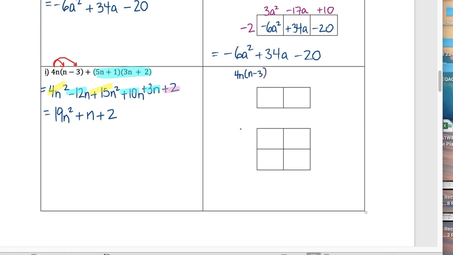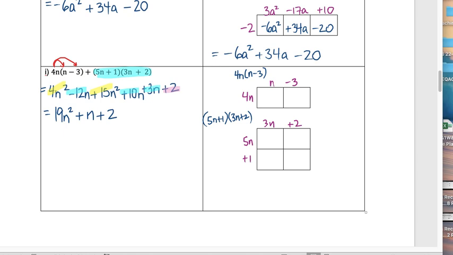And for this 2 by 2, I'm going to take care of the 5n plus 1 times the 3n plus 2 calculation. And then I'll put them all back together. So 4n's out here, n minus 3 is here. This one I'll set up at the same time: 5n plus 1, 3n plus 2.